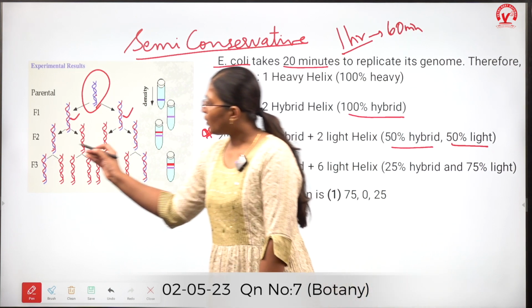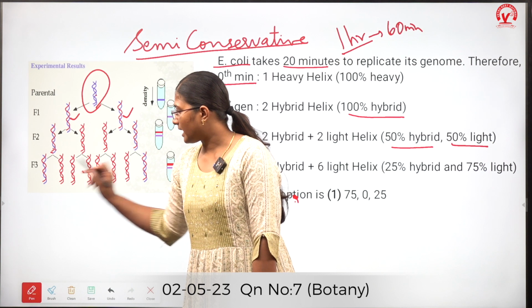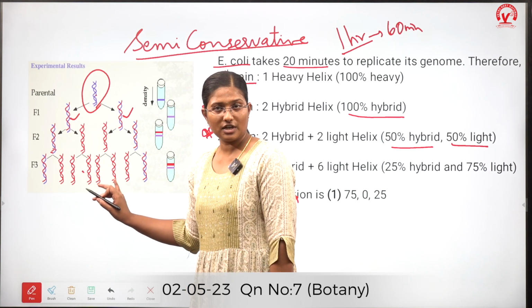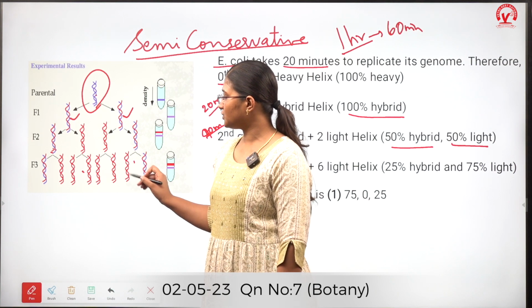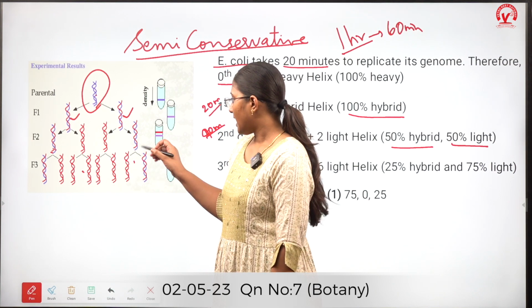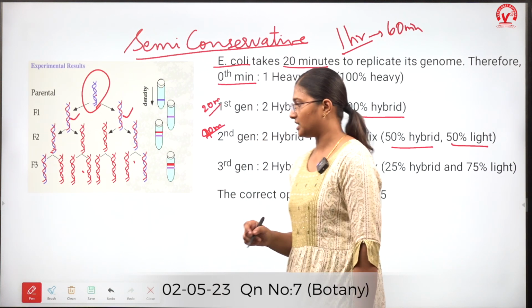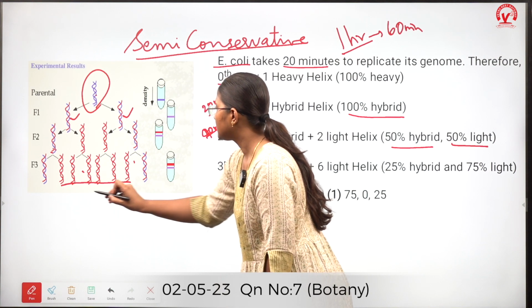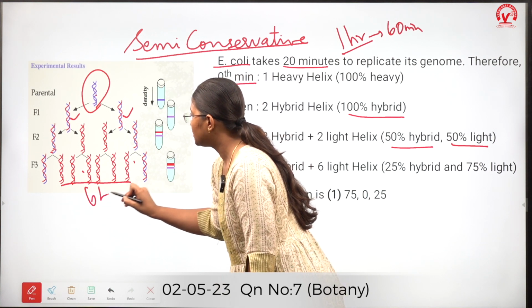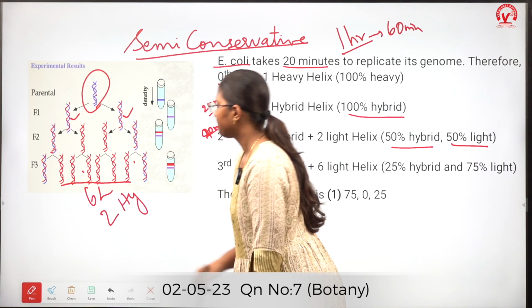Now 1 hybrid will give rise to 1 hybrid and light chain, and the light chain will give rise to only light chains. Here again the light chain will give rise to 2 light chains, and the hybrid will give rise to 1 hybrid and 1 light chain, isn't it? Now when we count, we get 6 light chains and 2 hybrids.